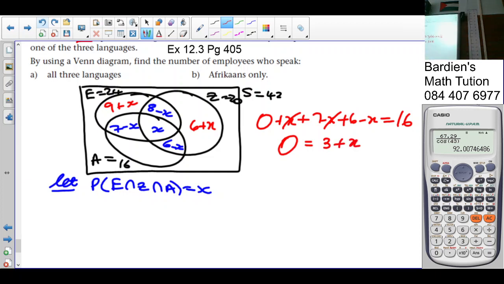You all okay with that? So if we add up all these parts of the Venn diagram, it should add up to what? 42. So set up your equation, you work it out.